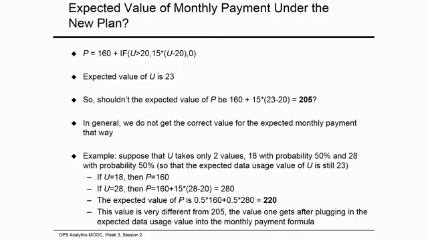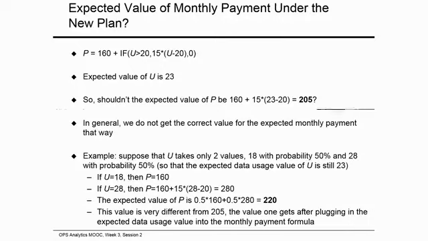The expected value of U under this probability distribution is still 23 gigabytes and the standard deviation is still 5 gigabytes. Let's see what kind of distribution we will get for the monthly payment amount P. If U is 18, then P is equal to 160. If U is 28, then P is 280.